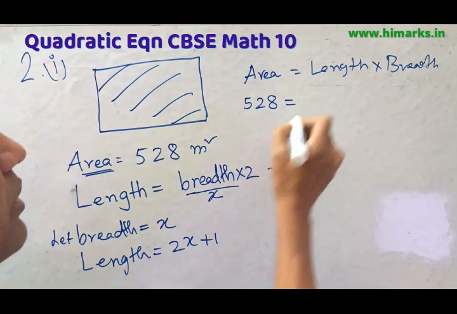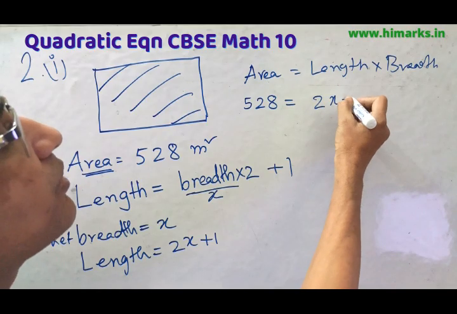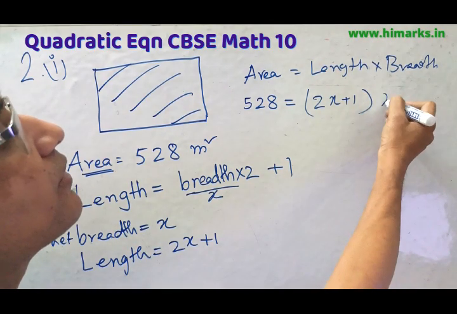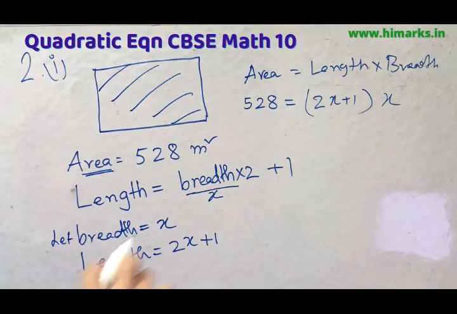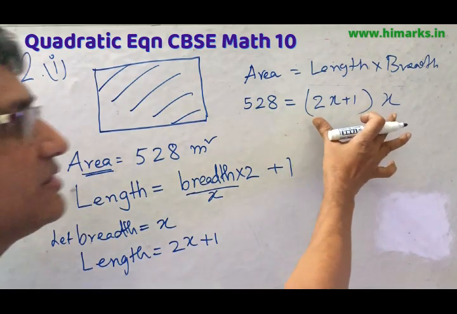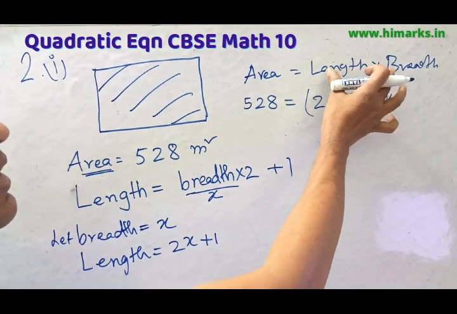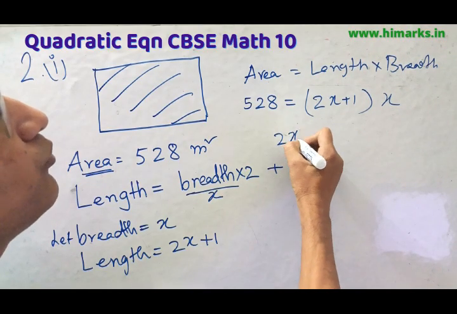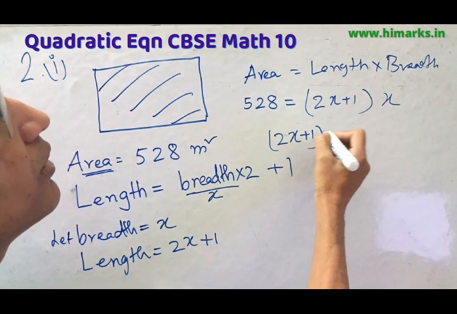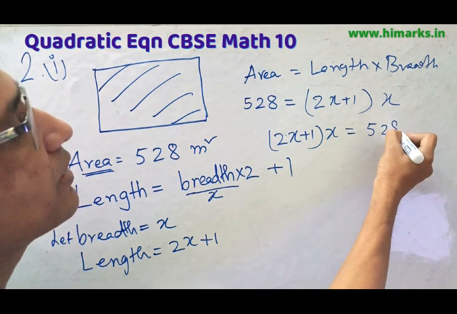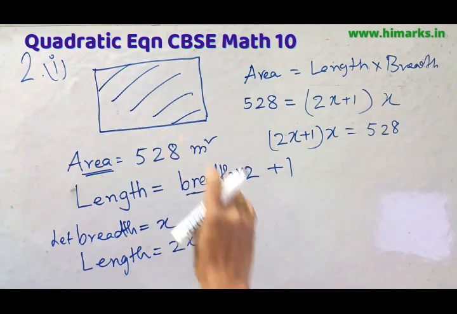What is the length? 2x plus 1 and breadth is x. Okay. So for solving easily, this side, what you can write, that you can write length into breadth equal to area. So what you write here is 2x plus 1 into x equal to 528. Write in just a reverse manner. Okay.